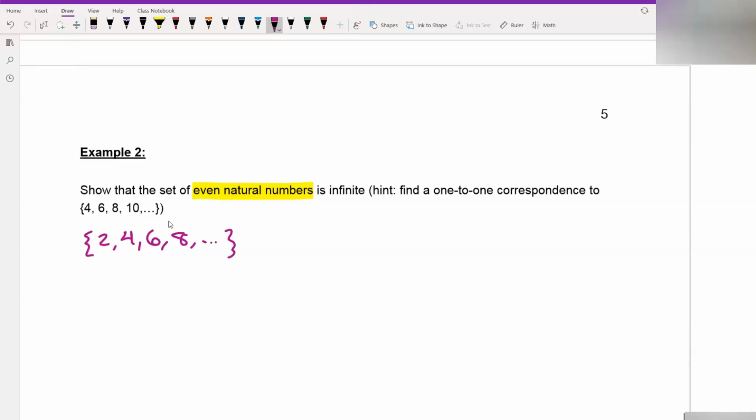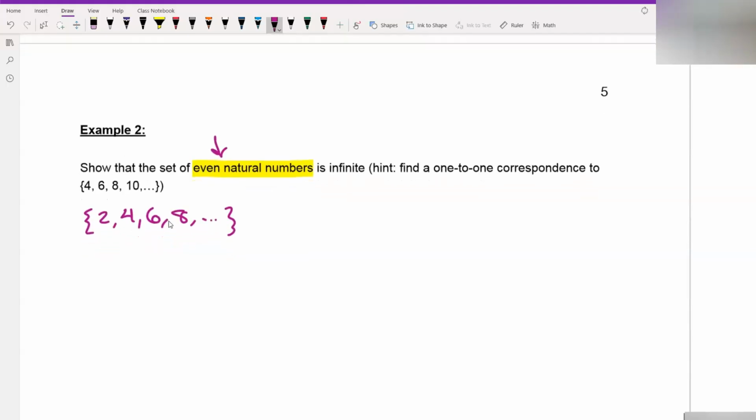This is what we have for this part, and we compare it with what we have on that part. Sometimes this set may not be given. This is just a hint. The question will ask you to show that the set of even natural numbers is infinite.